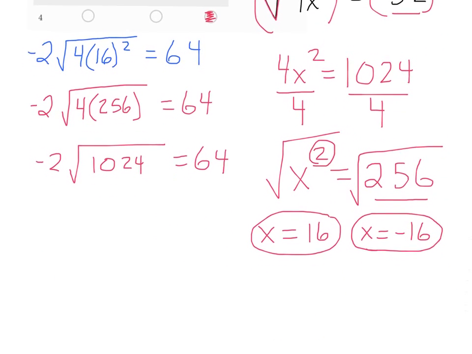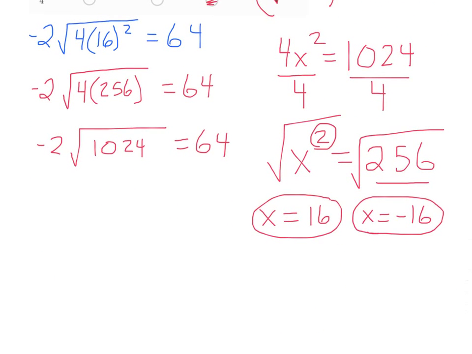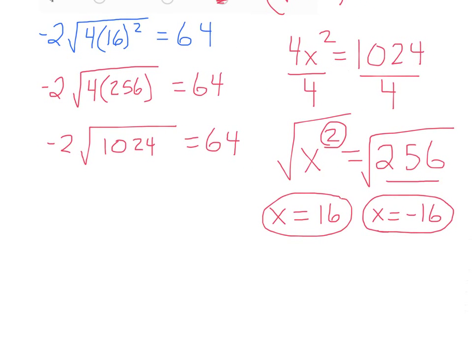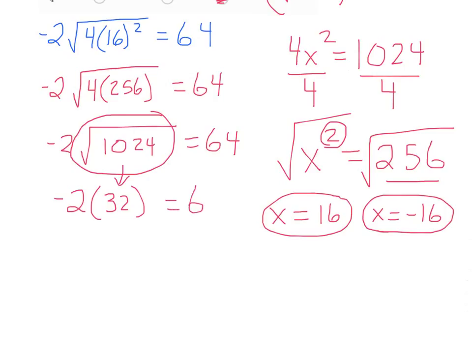We're almost done. Now let's calculate what the square root of 1,024 is right here. I'm going to put the square root into my calculator real quick, and it tells me 32. So I've got negative 2 times 32, because the square root of 1,024 was 32, and that has to equal 64.